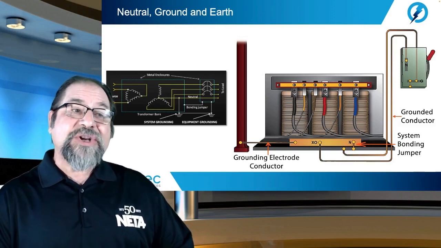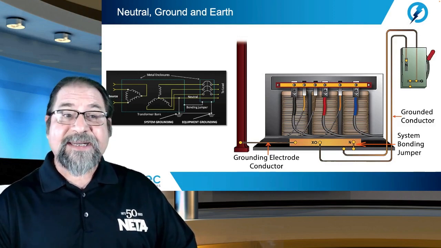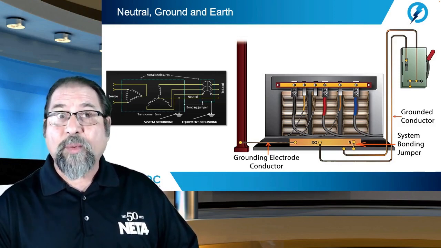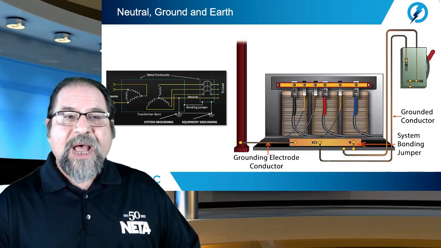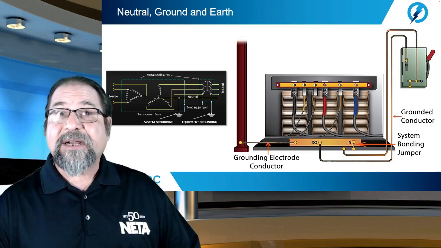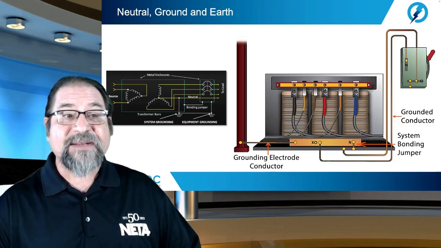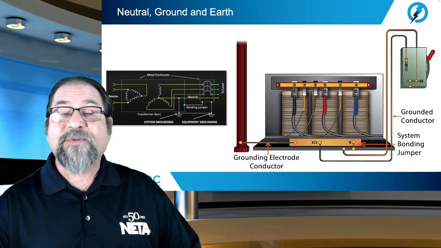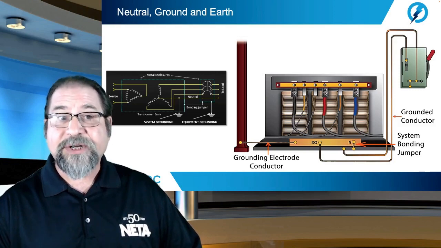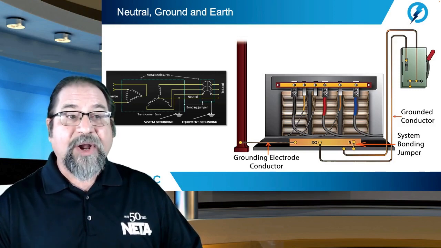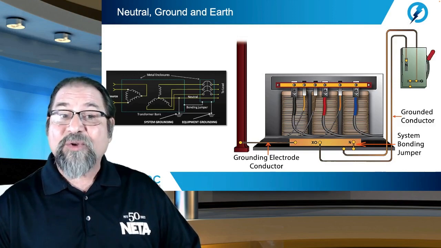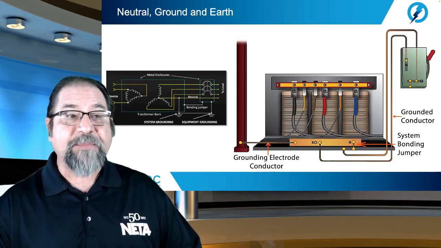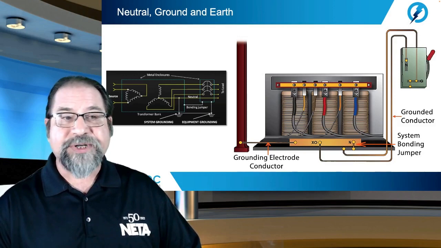Now, as the neutral point of an electrical supply system is often connected to earth ground, ground and neutral are closely related. Under certain conditions, a conductor used to connect to a system neutral is also used for grounding of equipment and structures. Current carried on a grounded conductor can result in objectionable and/or dangerous voltages appearing on equipment enclosures.